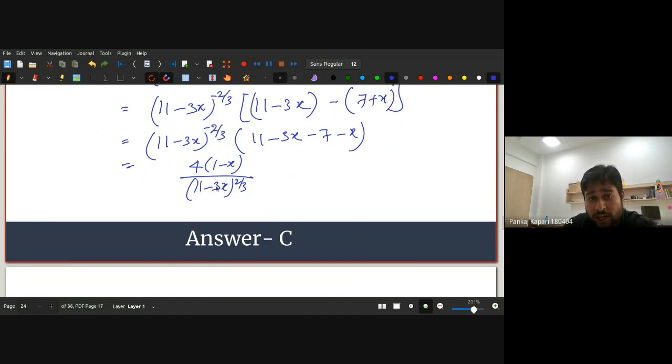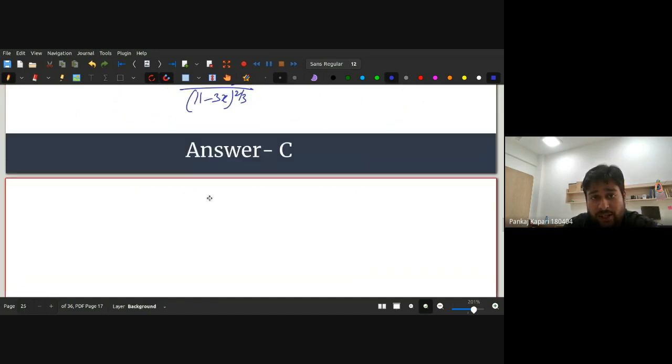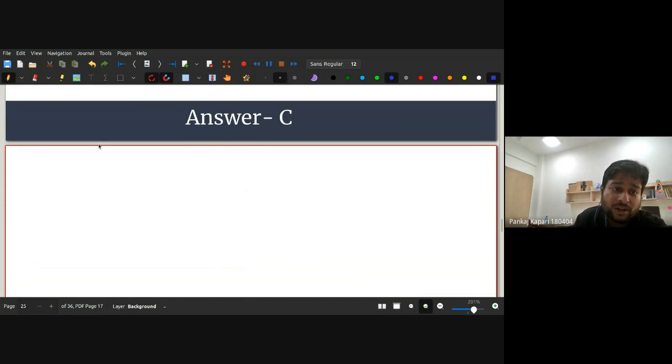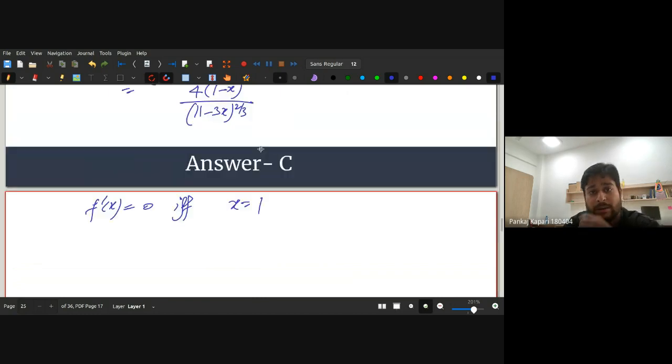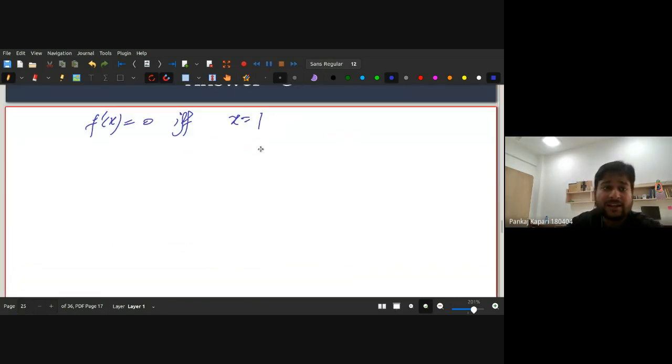Precisely at 11/3, right? So the derivative is 0 if and only if x is 1, and at x equal to 11/3 the derivative is not defined.